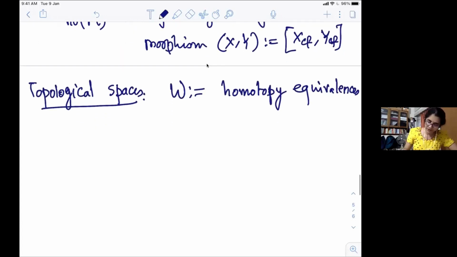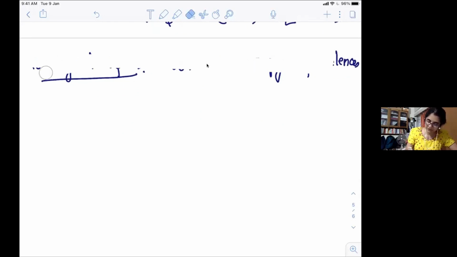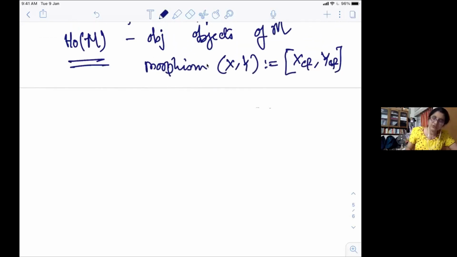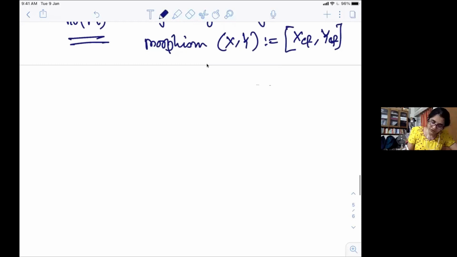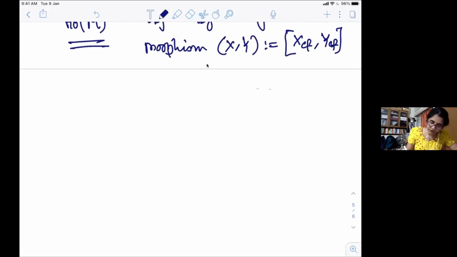Okay, sorry, I should have said one more thing. Why is this useful? That is something I should have said. This is useful because this is precisely what we want it to do. Notice I will have a functor from this to this category.